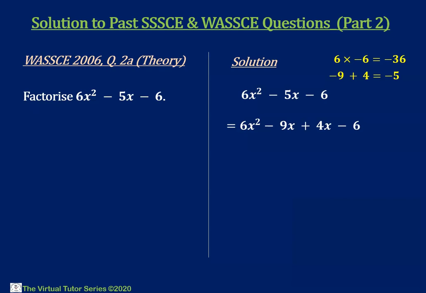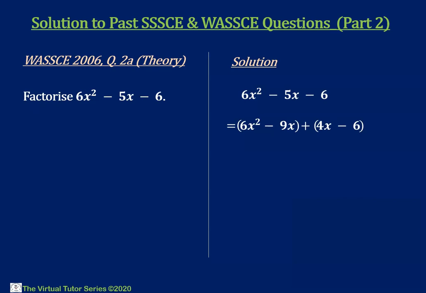The fourth step is to put the first two terms and last two terms in brackets and factorize each group separately. For the first group, we have the common factor of 6x squared and negative 9x to be 3x.